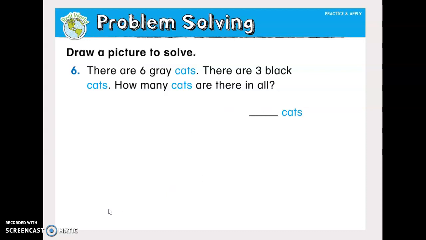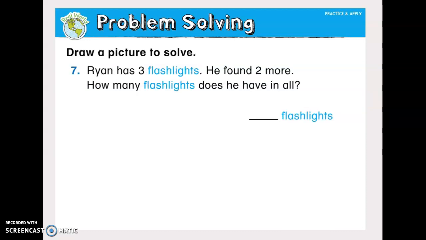You can also use your counters to help you count. Okay, when you are all done with that, come back to the video. All right, problem number 7 says, Ryan has 3 flashlights. He found 2 more. How many flashlights does he have in all? So draw a picture to solve that one. Come back when you're done.